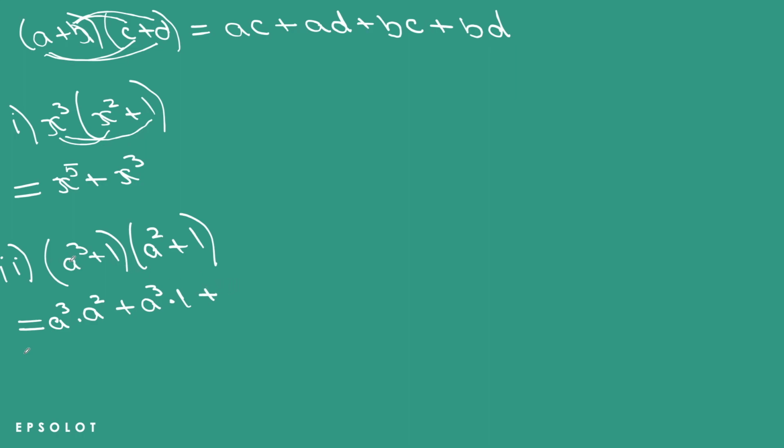Now we are done with the a cubed, so we move on to the 1: 1 times a squared plus 1 times 1, right? Now since the base is the same, I can rewrite this as a to the power of 5 plus a cubed plus a squared plus 1.